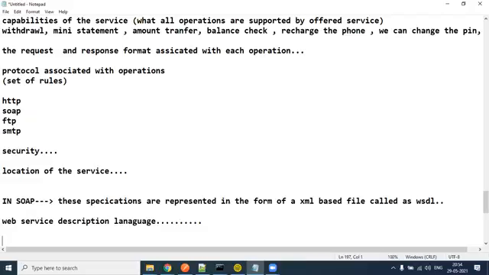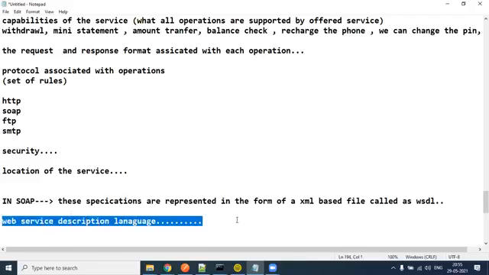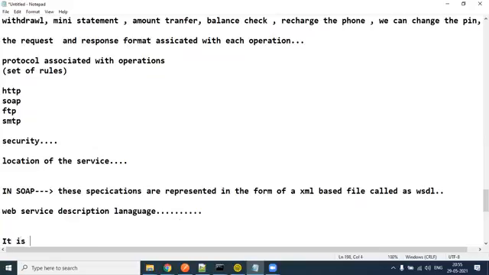But how that web service call is built is based on the specifications which are described in a file. And what is that file? Web Service Description Language. It is a human readable file, and it can be read by machines also.